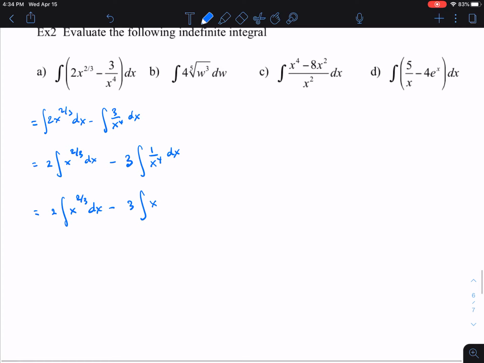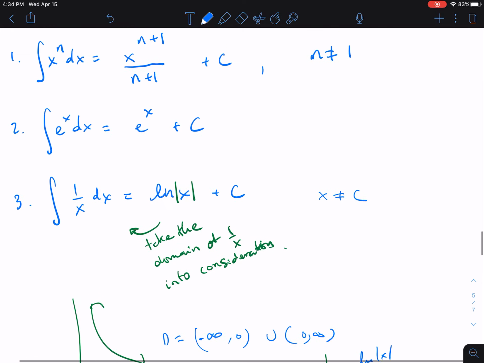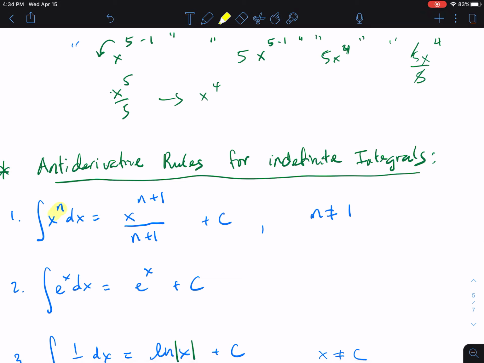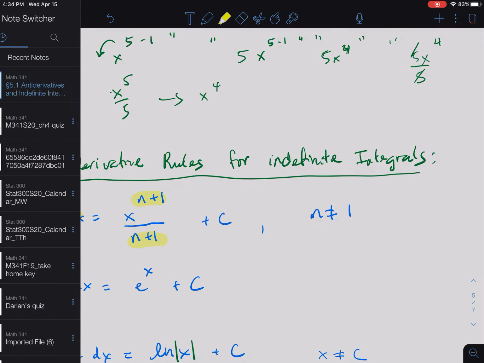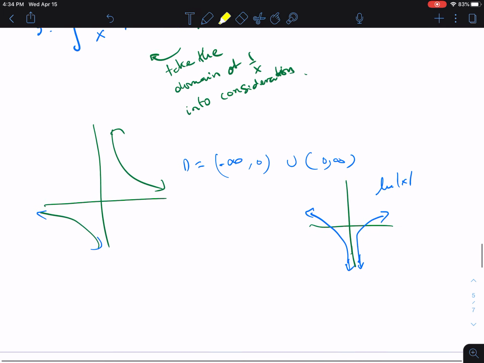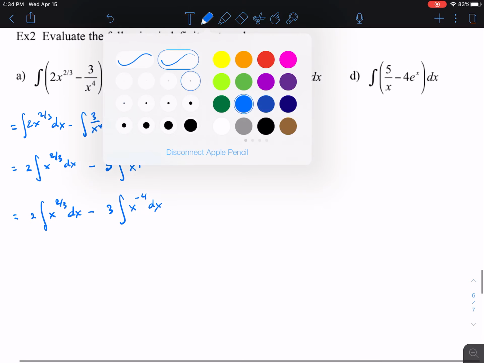That gives us x to the -4 dx. So it looks like we're going to use this first rule. If it's in this form, some x raised to some power, then we add 1 to the power and divide by that new power. Okay, let's go ahead and do that.